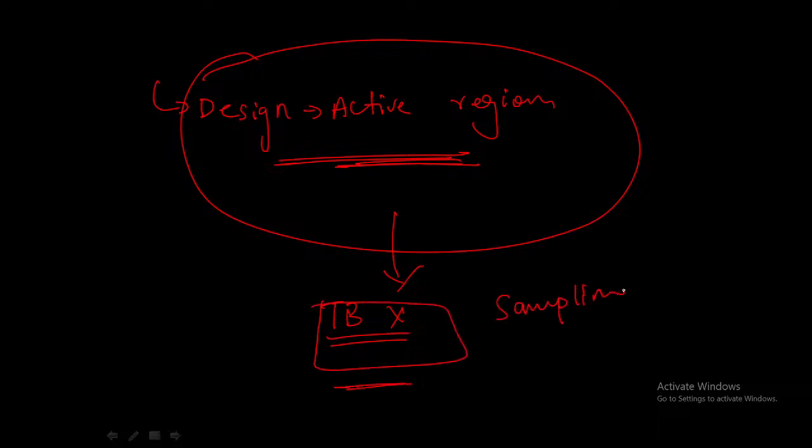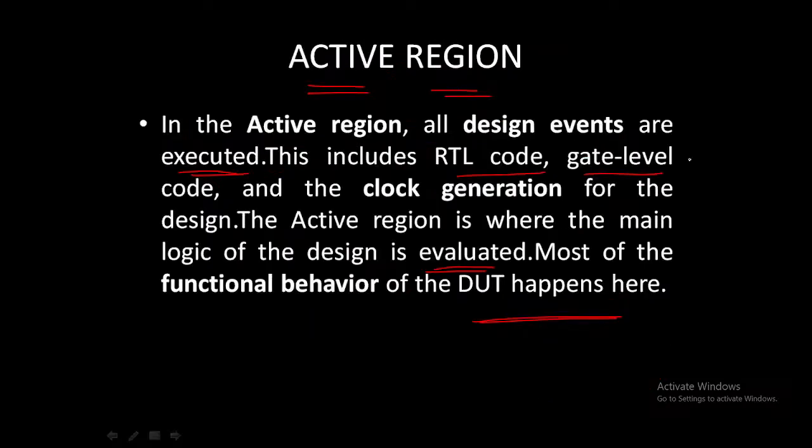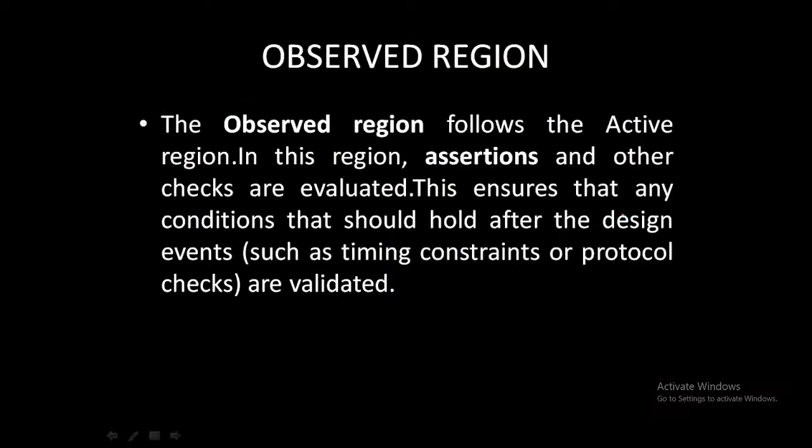The test bench will not be driving any signals during this active region. Only the design will operate. There will be no operation of our test bench. Either it will not be sampling, or it will not be driving. So this is about active region.